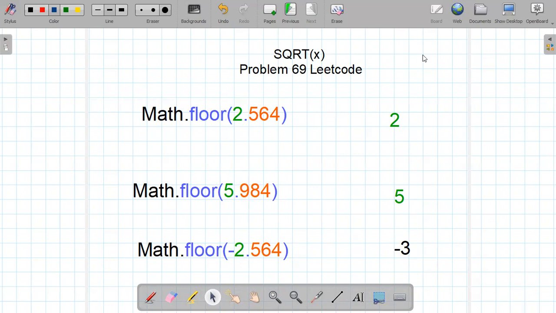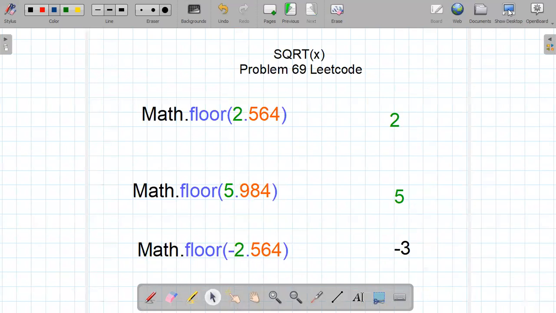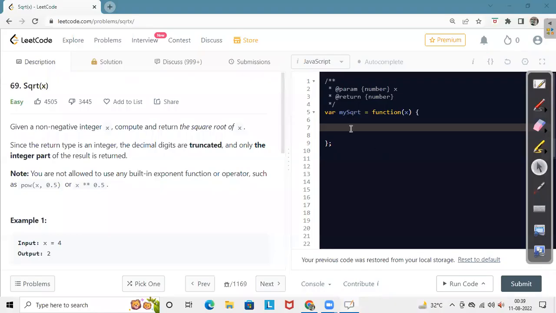First of all, take a look at the coding part also, then all these things will be clearly understandable.